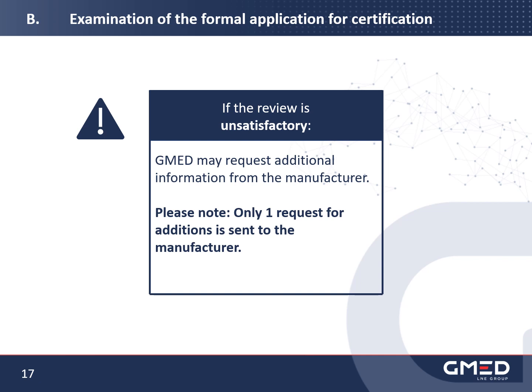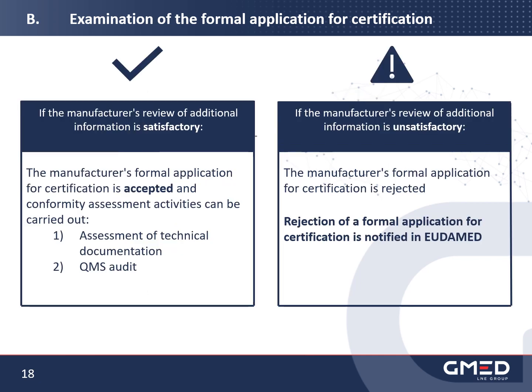However, if GMED's examination of the application is unsatisfactory, GMED may request additional information from the manufacturer. Please note that in this case, only one request for supplements is sent to the manufacturer. Following this request, if the examination of additional elements transmitted by the manufacturer is satisfactory, the manufacturer's formal application for certification is accepted and conformity assessment activities can be initiated.